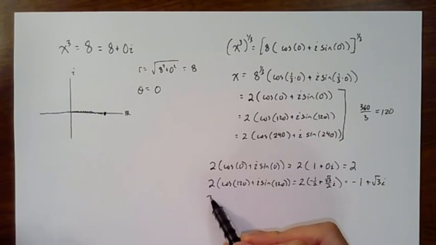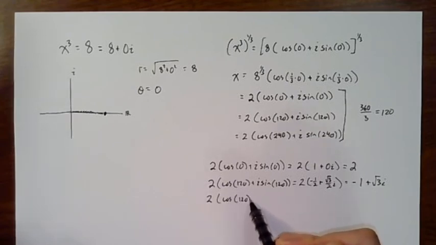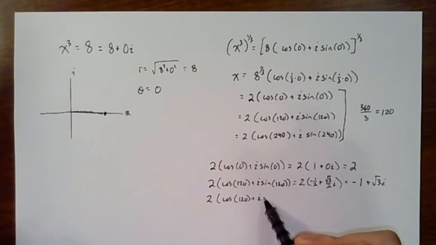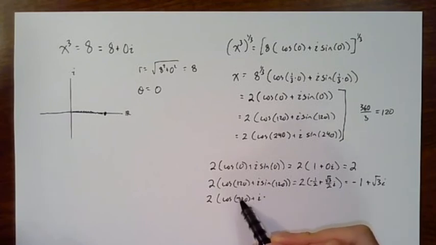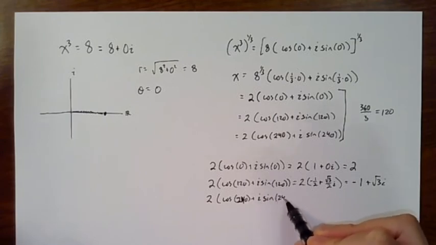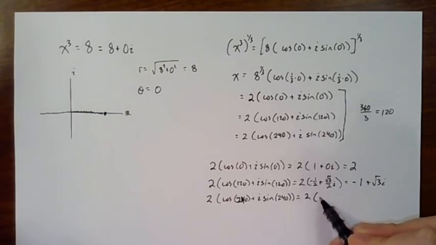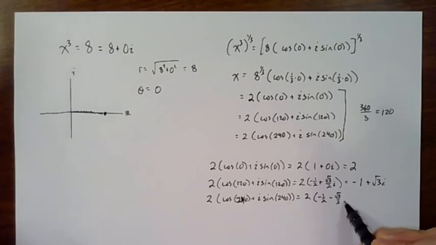And then the last one is going to be 2 times the cosine of, sorry, not 120, because we added 120 again, 240 plus i times the sine of 240. And this is equal to 2 times negative 1/2 minus square root 3 over 2 i.